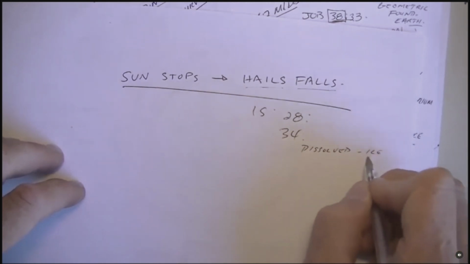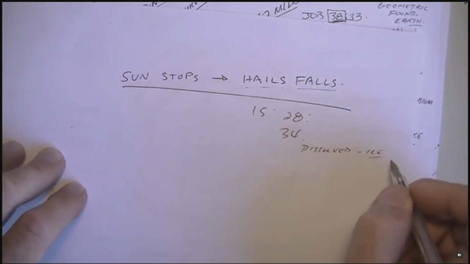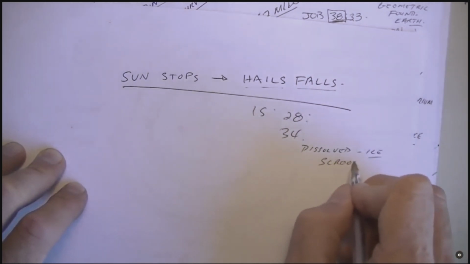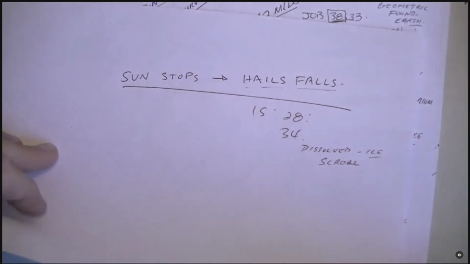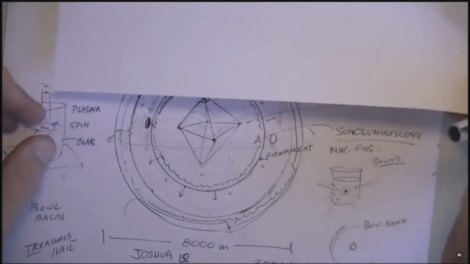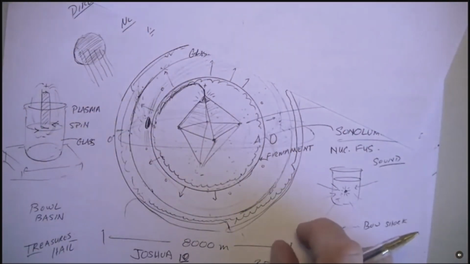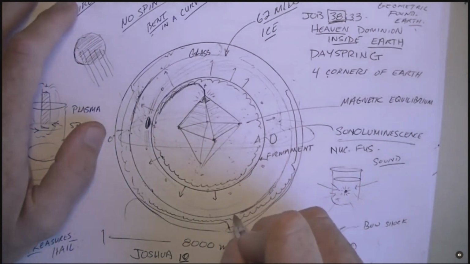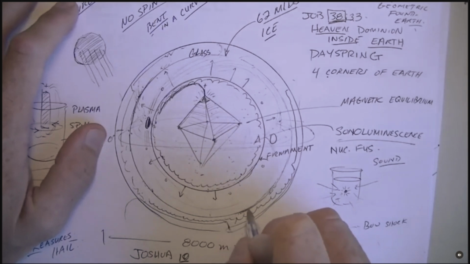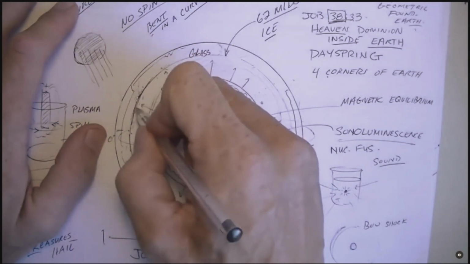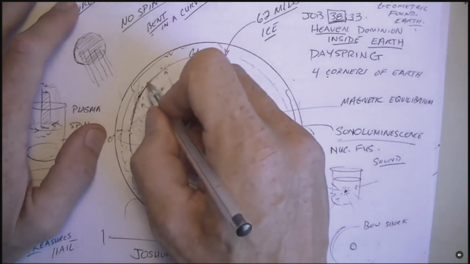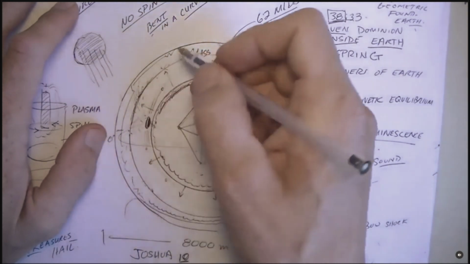Ice gets dissolved. And they shall be rolled together as a scroll. So now you have a scientific explanation of this seemingly arcane and ridiculed verse. You actually have a platform in which the ice can roll together like a scroll. If the sun stops, it's going to melt all this ice. It's going to roll together like a scroll, or roll apart like a scroll.